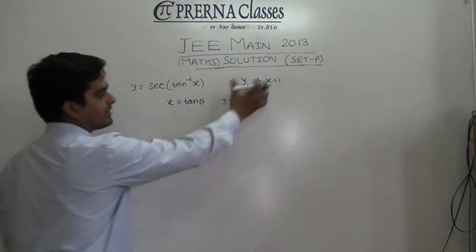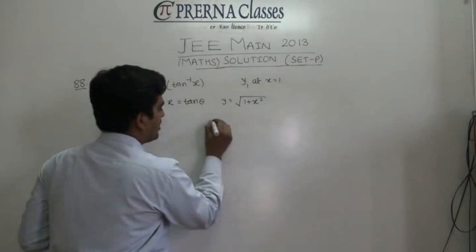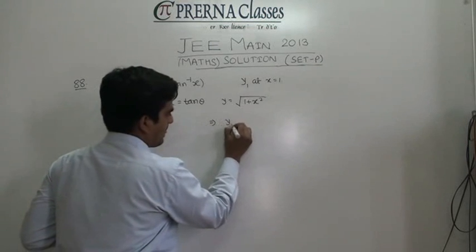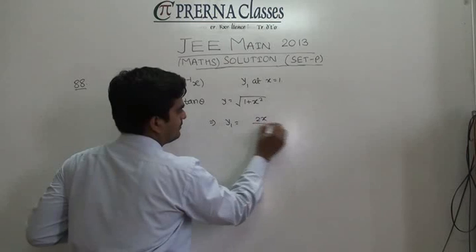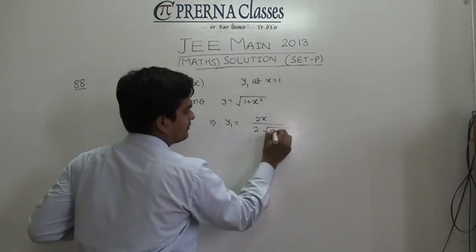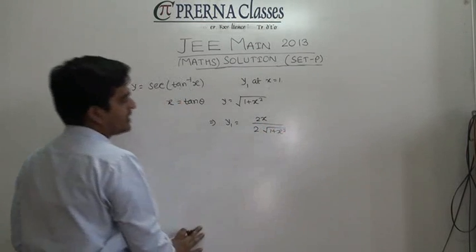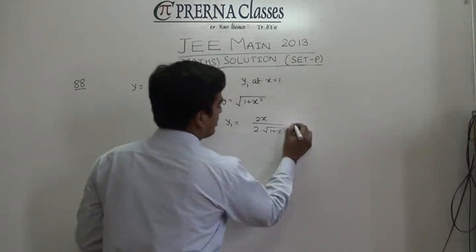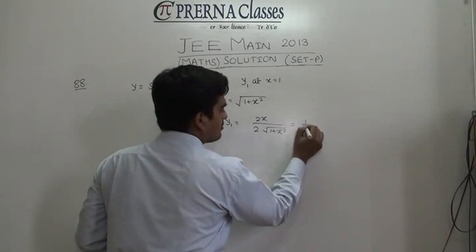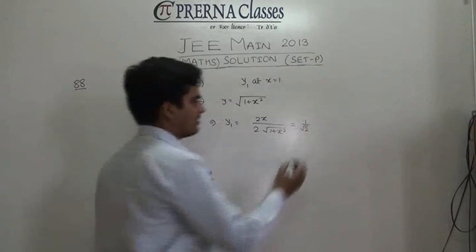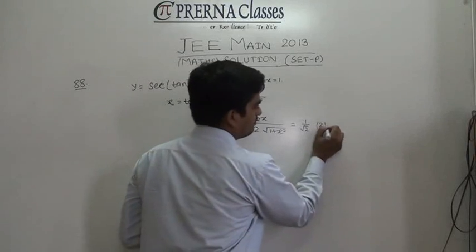The derivative of this actually we are looking at when x is 1. The derivative of this would be this much. If we substitute x equal to 1, you can clearly check this becomes 1 by root 2. I guess this is the second option of that problem.